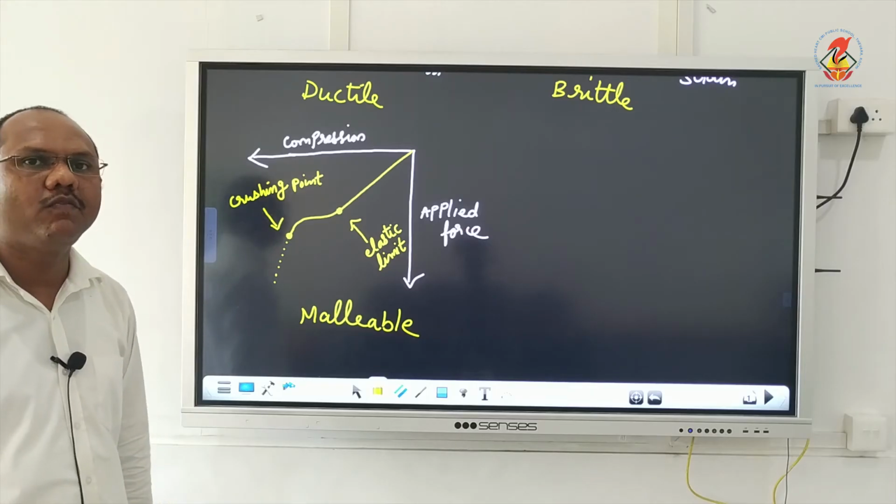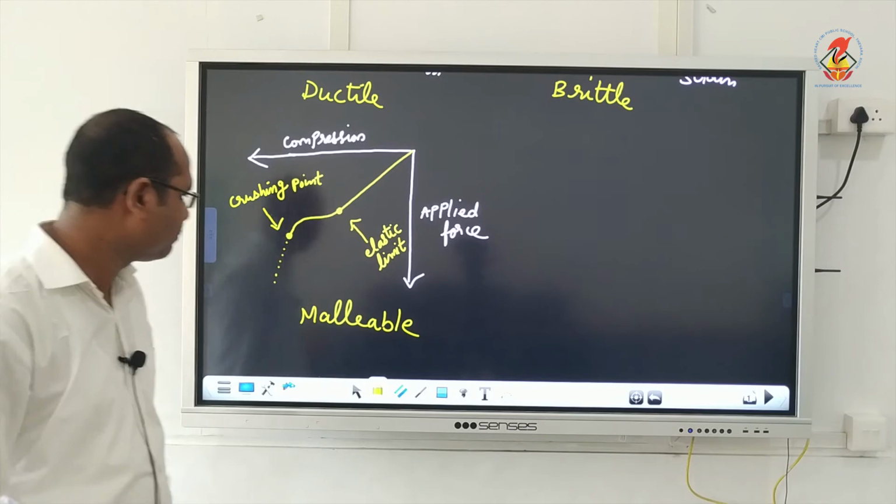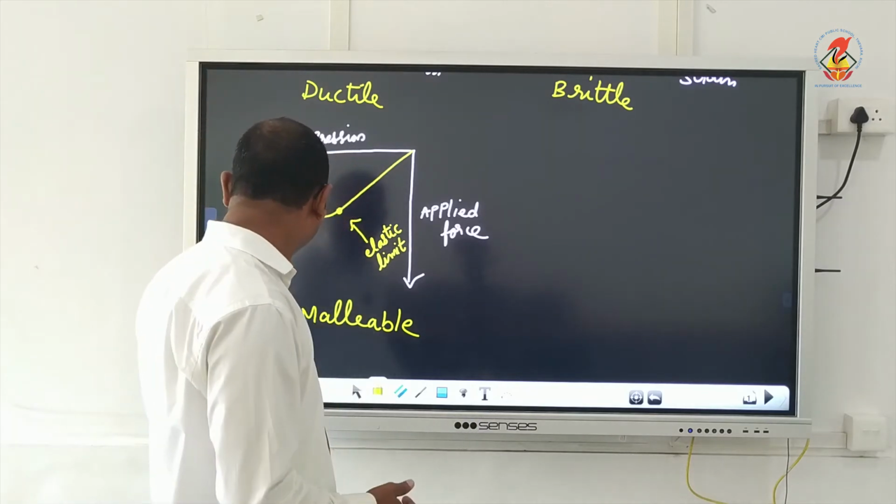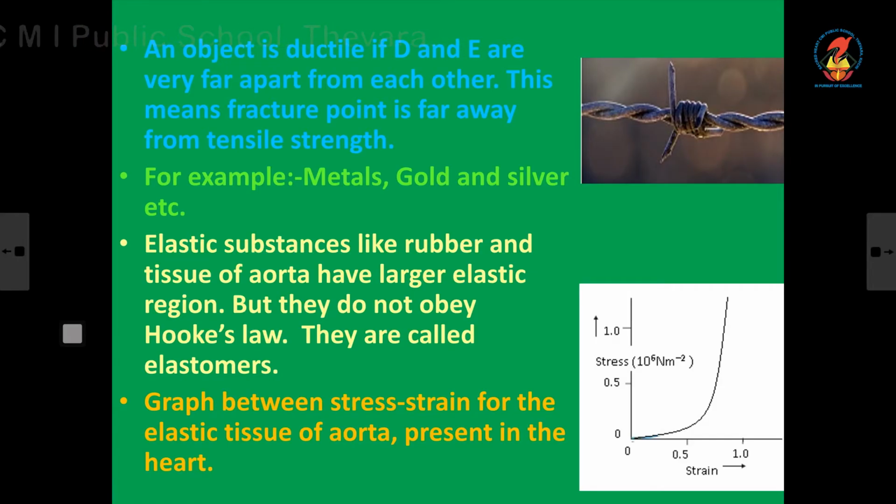Now let us see what are elastomers. Elastic substances like rubber and tissue of aorta have a larger elastic region, but they do not obey Hooke's law. They are called elastomers.